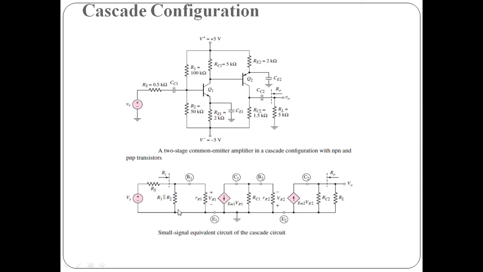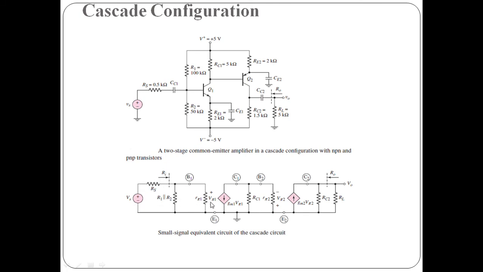Now the next step is I want to find Vπ1 divided by Vs. So if I want to find the voltage across this resistor, the voltage that is present over here, I am going to apply the voltage divider rule. That is, the voltage across the resistor R1 parallel with R2, Vπ1, can be written as R1 parallel with R2 divided by the sum of these two resistors, into the total voltage.